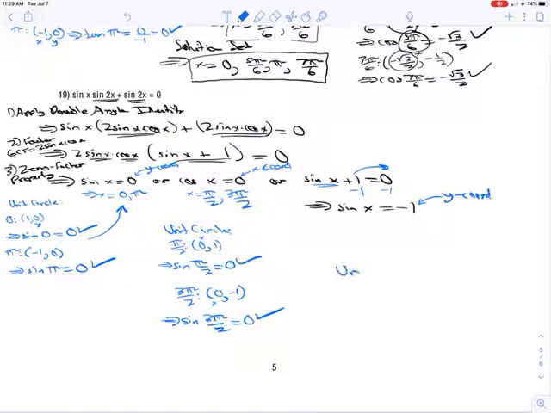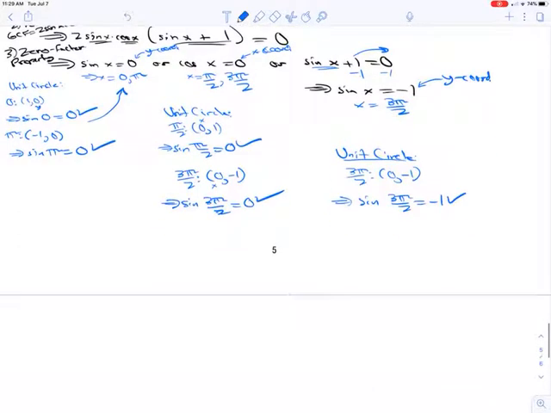Again, on the unit circle, when do we have a y-coordinate of negative 1? On the unit circle, we have a y-coordinate of negative 1 at 3 pi over 2. We have the ordered pair of 0, negative 1. So the sine of 3 pi over 2 equals negative 1. So x equals 3 pi over 2.